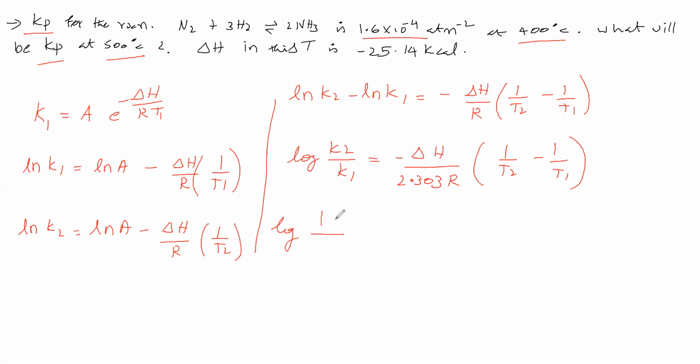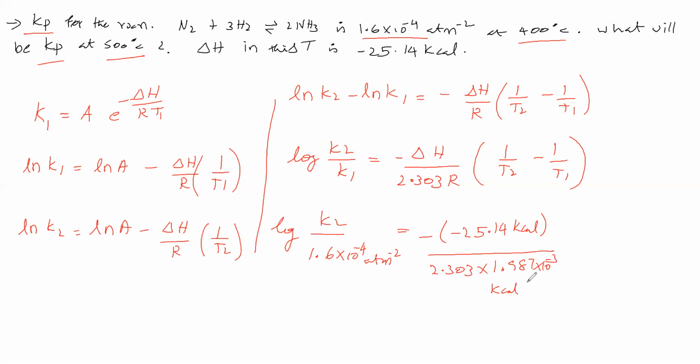Log K2 by K1, K1 is how much? 1.6 into 10 to the power of minus 4 atmosphere power minus 2, minus delta H, which is minus 25.14 kilocalories, we substitute here, over 2.303 into R. R value is 1.987 into 10 to the power of minus 3 kilocalories per Kelvin per mole. 1 by T2, T2 is 500 degrees Celsius converted into Kelvin, 773 Kelvin, minus 1 by T1, T1 is 400 degrees Celsius, 673 Kelvin.